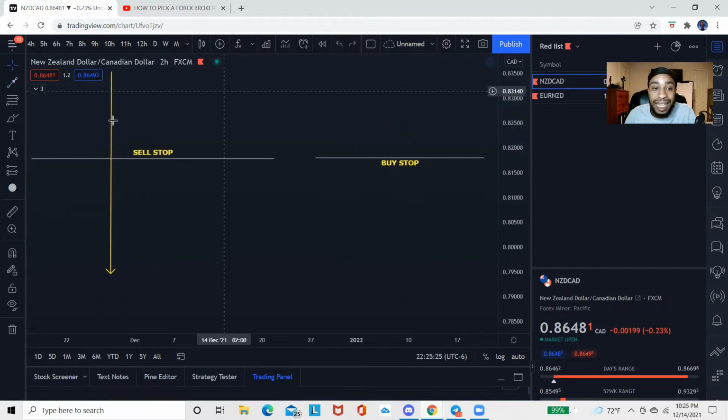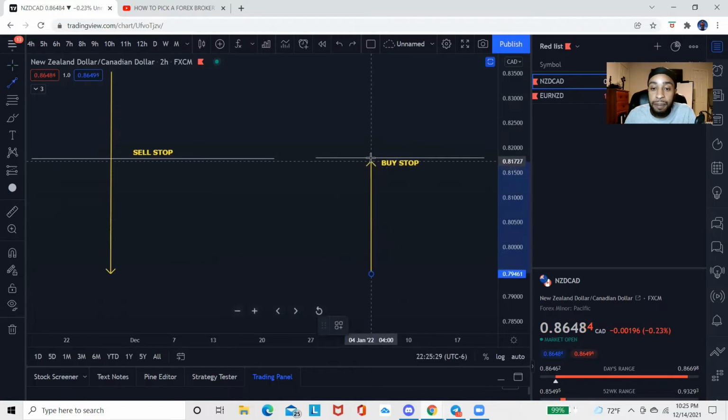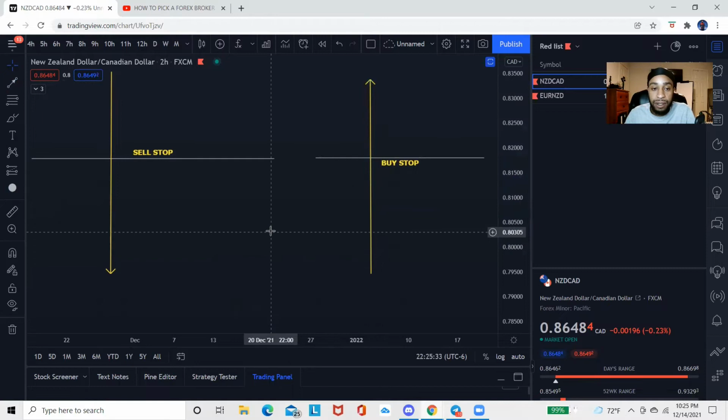But in a buy stop, you want to see the market start low, come up, break through this area, and then continue going. So those are going to be the drastic differences between a buy stop and a sell stop. A sell stop, you want to see the market start high and then basically drop through the entry and keep working its way down. In a buy stop, you want to see the market start low, come up, hit the entry, and then keep moving up.